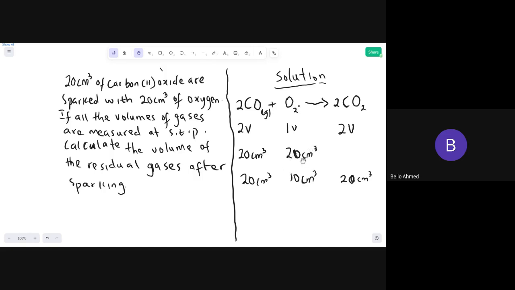Remember, we have 20 cm³ of oxygen, but only 10 of it is reacting with the CO, which is carbon(II) oxide. So, meaning that we are going to have the remaining 10 cm³ of oxygen in the container, and we are also going to have the 20 cm³ of the carbon(IV) oxide that is formed as a product in the container.